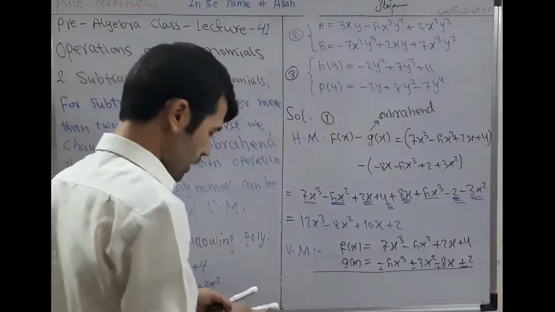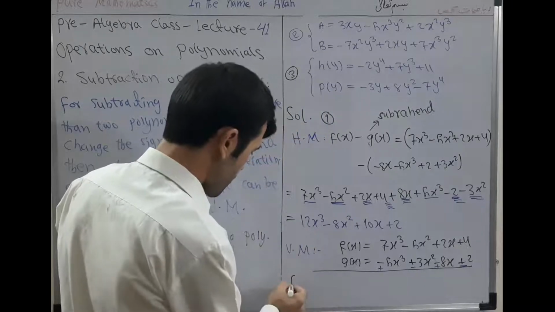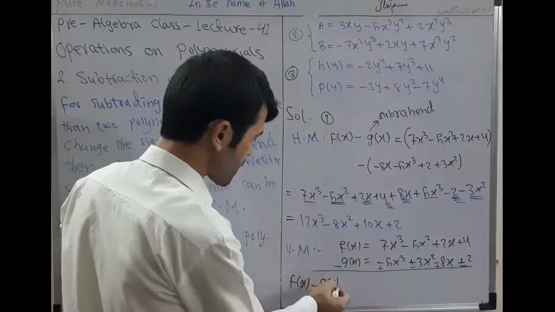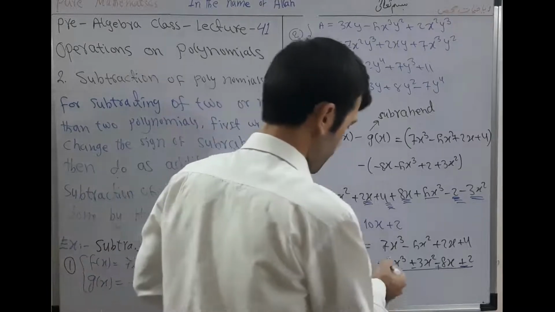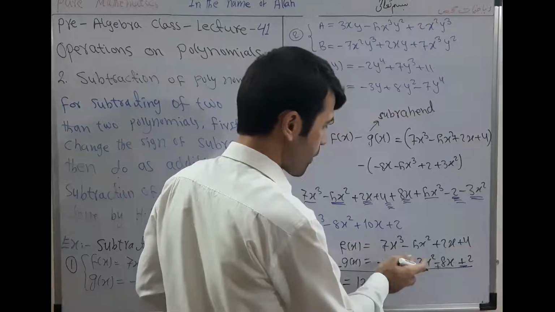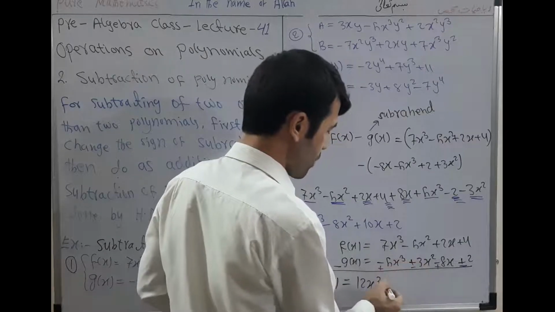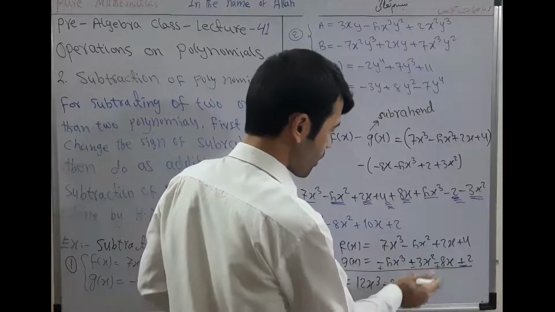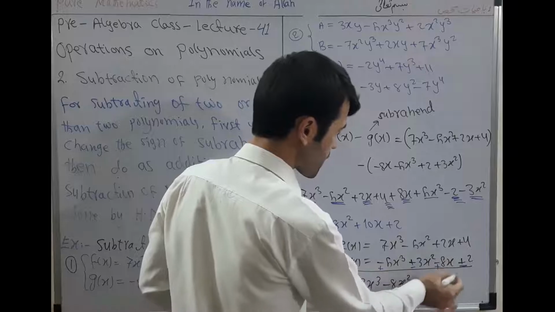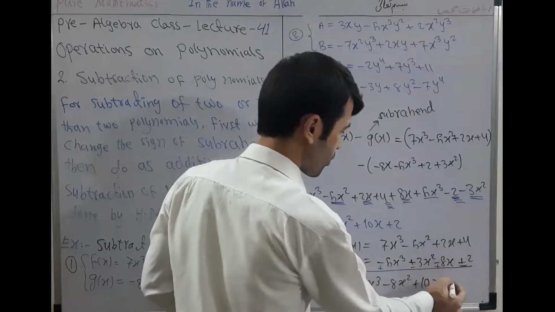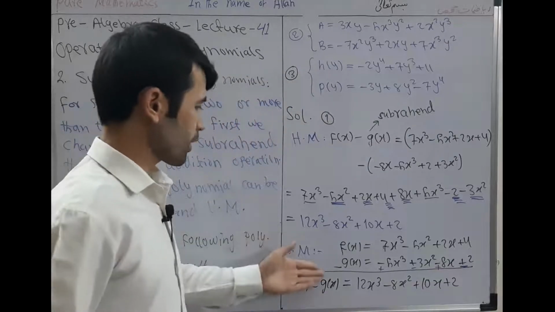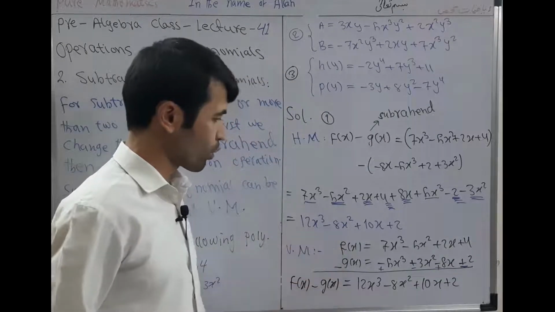Therefore, the result will be f of x minus g of x is equal to 5 plus 7, 12x cubed, minus 5 minus 3, minus 8x squared, plus 2 plus 8, 10x, plus 4 minus 2, it is equal to plus 2. It is the result of subtracting these two polynomials.